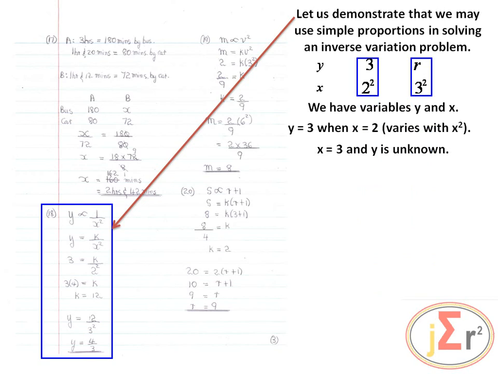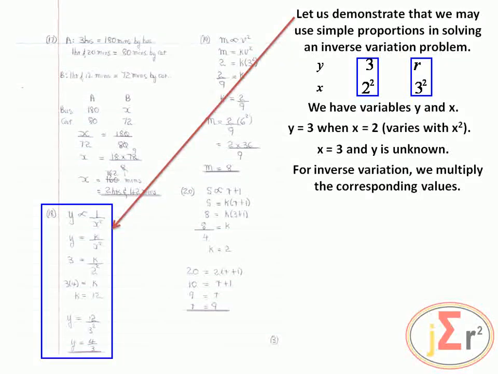What do we do? Notice that we do not have any fraction bar. For inverse variation, we multiply the corresponding values. So we multiply r by 3 squared. 3 squared is 9, so r multiplied by 9.